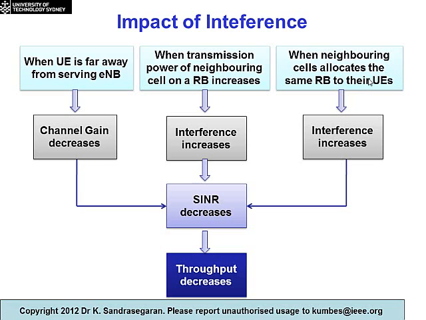So when neighboring cells also allocate the same resource block to the UEs, then interference increases, and this interference increase causes SINR to decrease, and hence the throughput decreases. So the end result of all of these phenomena shown on the top in blue is that the throughput starts to decrease.